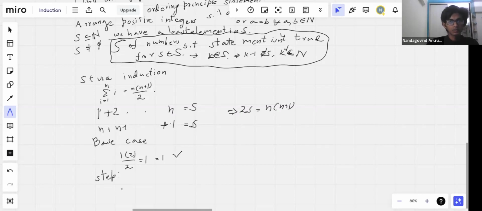So we have that the summation of i equal to 1 till k of i is equal to k times k plus 1 by 2. And we have that the summation of i until k plus 1 will be equal to k into k plus 1 by 2 plus k plus 1.